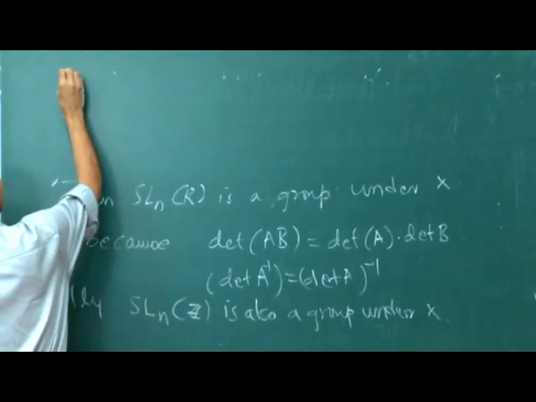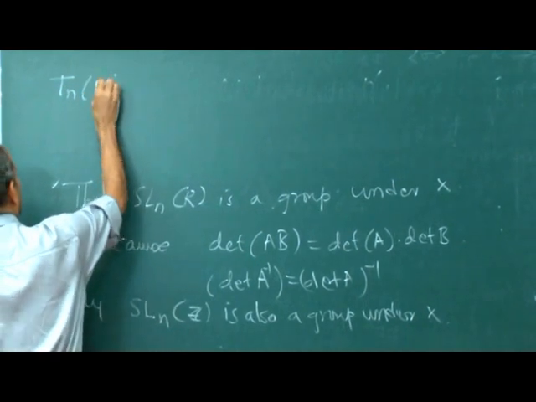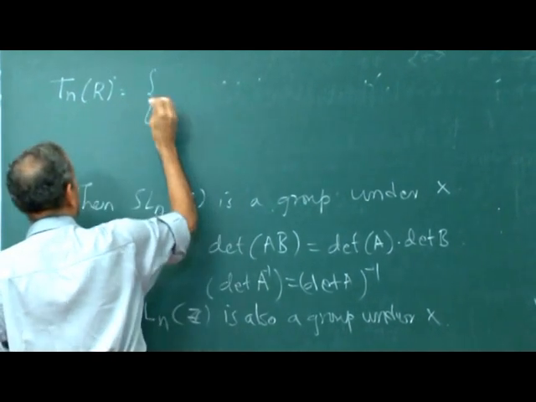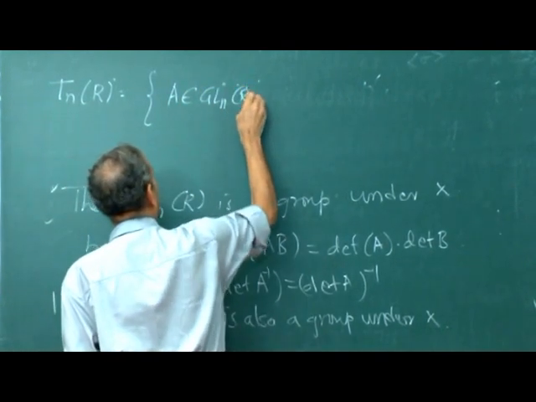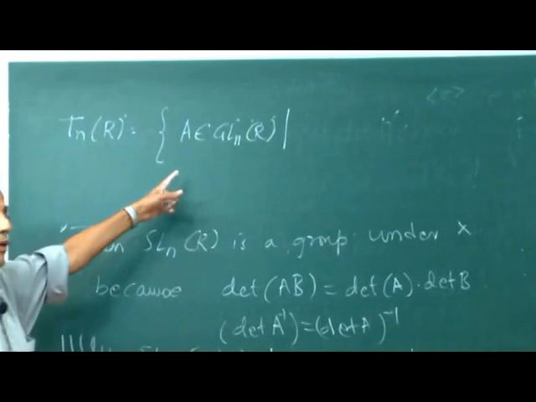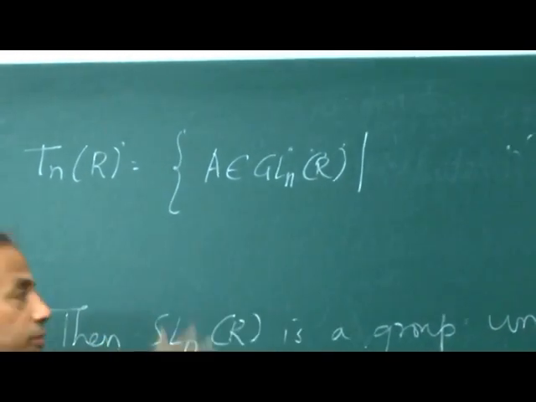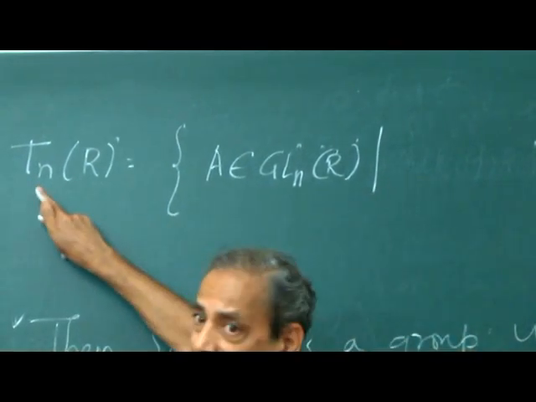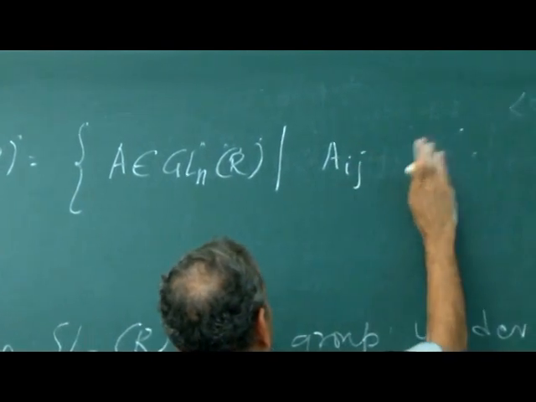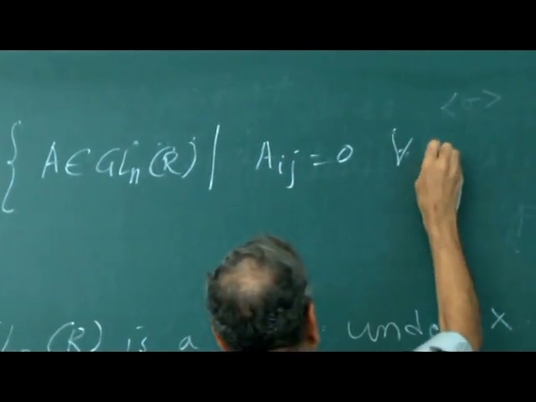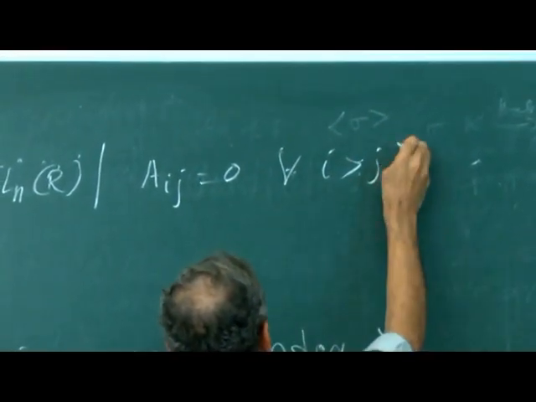So now let us consider the triangular group. It is invertible matrices with entries below the diagonal equal to 0. That means these are upper triangular matrices. That means a_ij is 0 for all i greater than j.